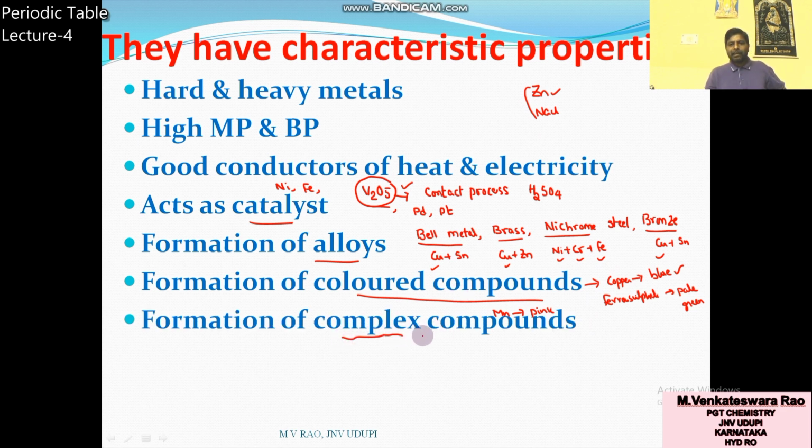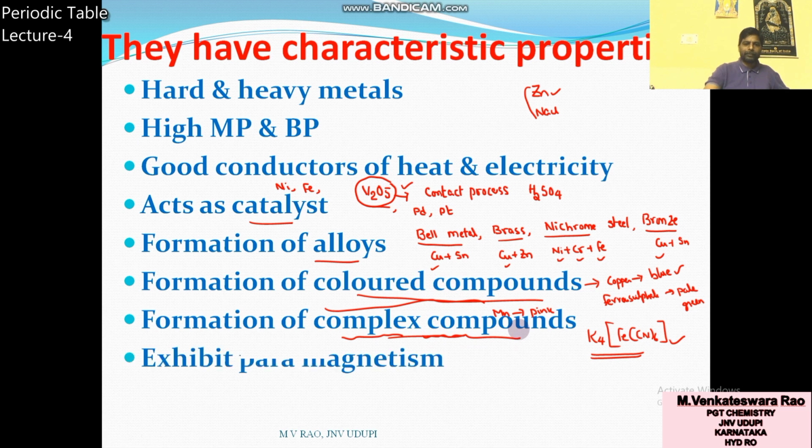Transition metals also form complex compounds. I will give one example here. K4[Fe(CN)6], potassium ferrocyanide. It is a complex compound. In class 12th you have one separate chapter on complex compounds, coordination compounds. They exhibit paramagnetism.